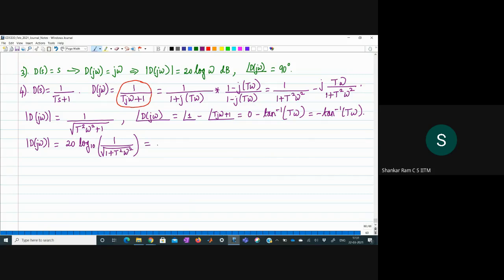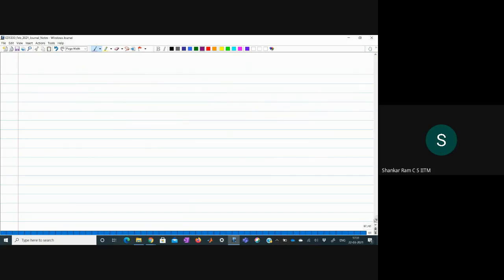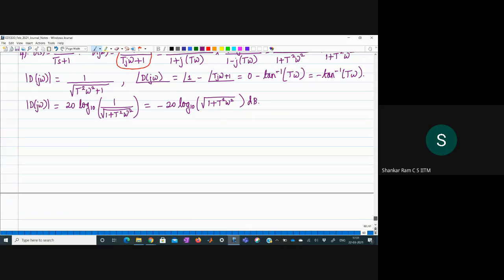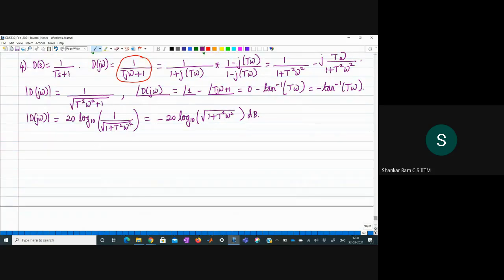This can be rewritten as minus 20 log of the square root of 1 plus T squared omega squared decibels. So this is the magnitude of this factor in decibel measure. I hope it is clear what we mean by decibel measure.